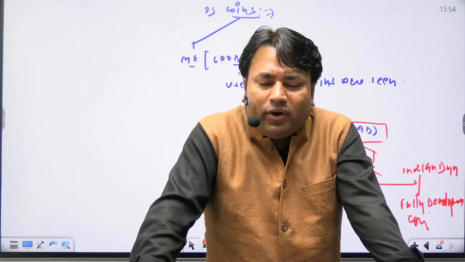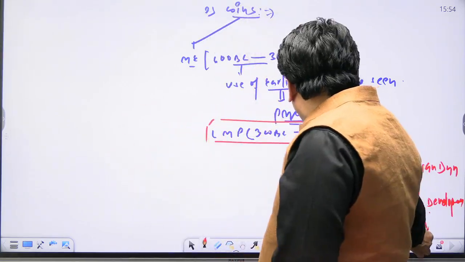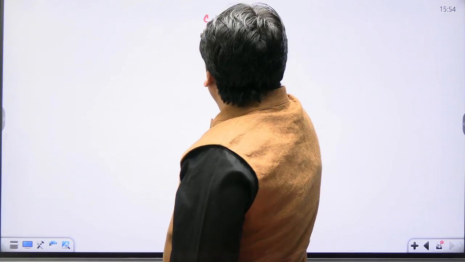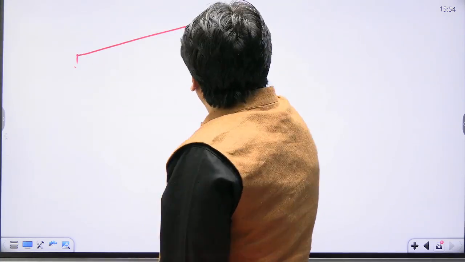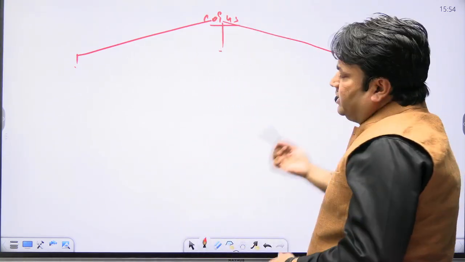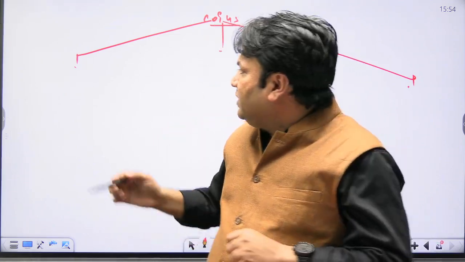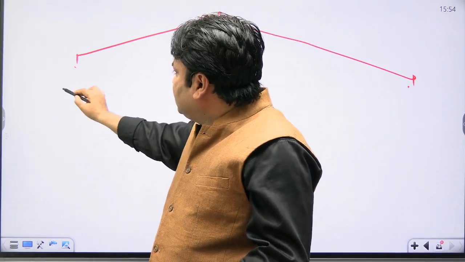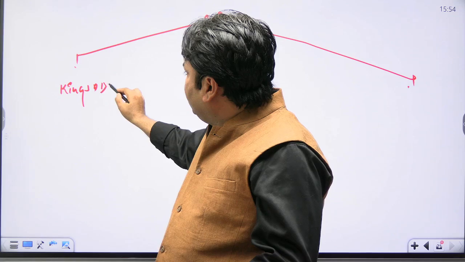Now, coins are very much helpful in the reconstruction of our ancient past. How? First important thing, these coins tell us about the rulers or the kings and their dynasties.